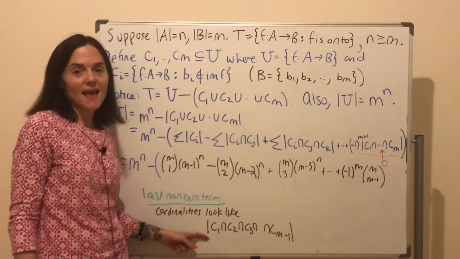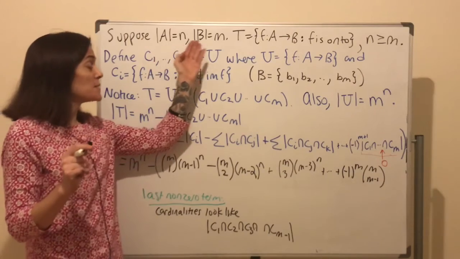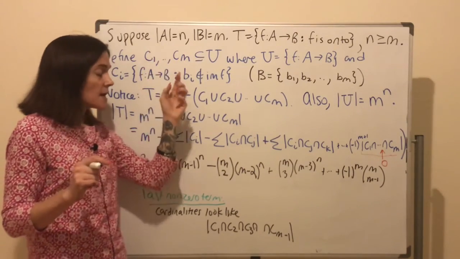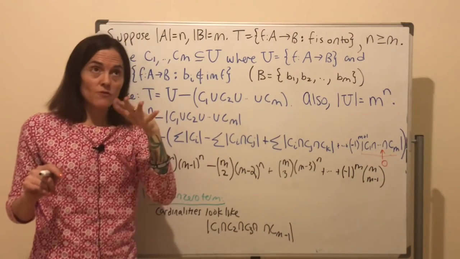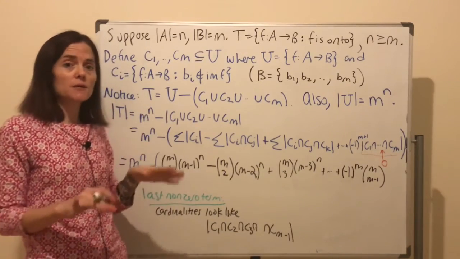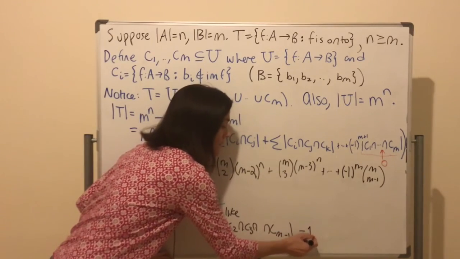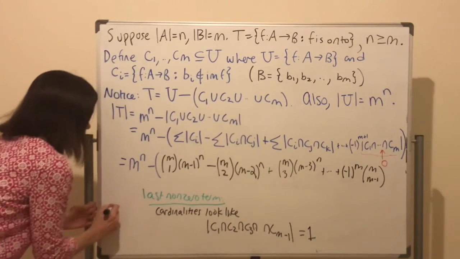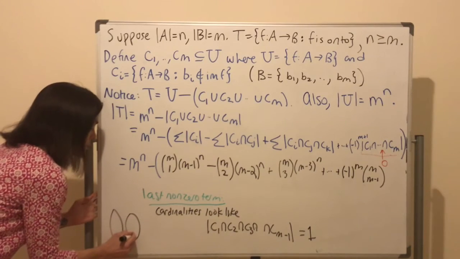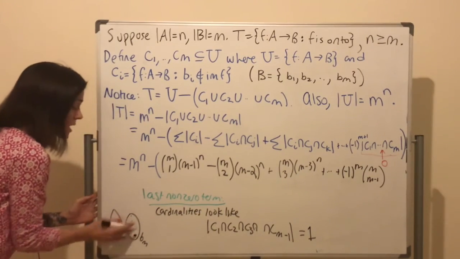What does this say? This is all functions from A to B, such that B1, B2, B3, B4, all the way out to Bm minus 1, not in the image. There's only one thing here: you have this Bmth thing, and you have all these other ones not in the image.